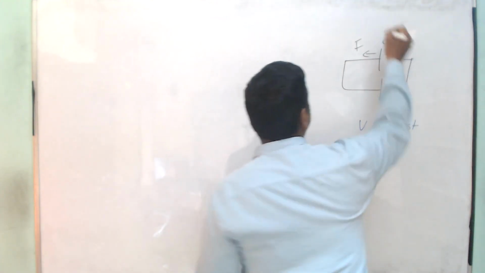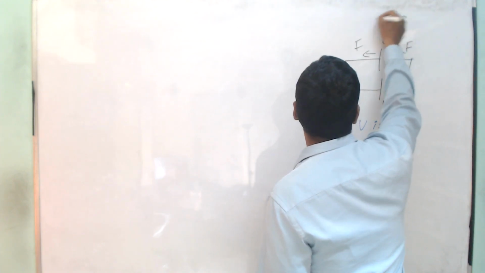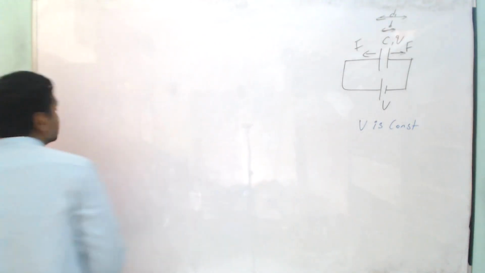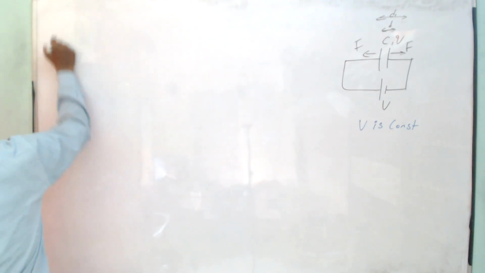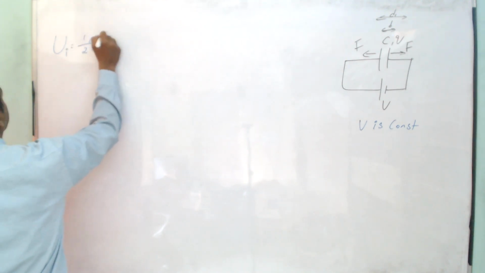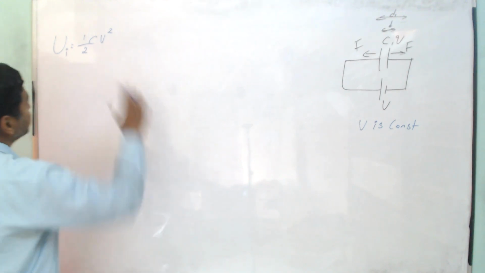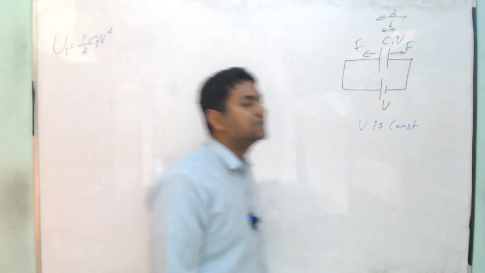Now, initial distance between the plates is D, final distance is D1. The initial potential energy is half CV square. Here V is a constant, capacitance is a variable.